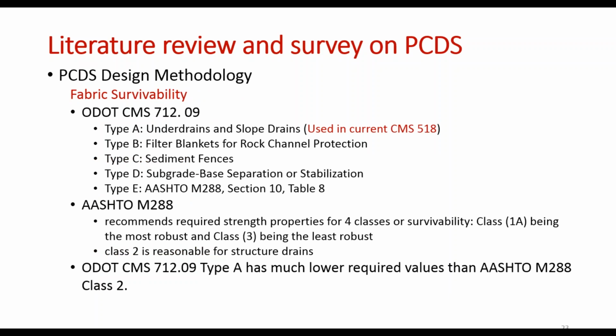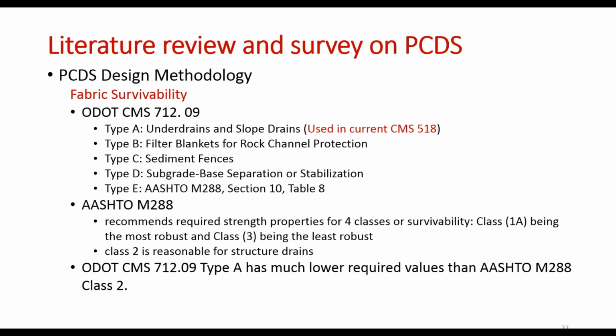ODOT right now is using 712.09 Type A for structure drainage fabric. Type A was originally developed for underdrains and slope drains. These drains are embedded at a relatively shallow depth, and during construction, the machinery and loadings are typically low.